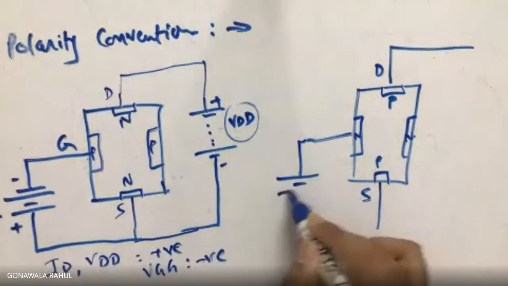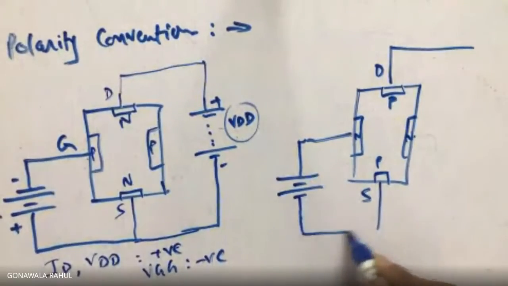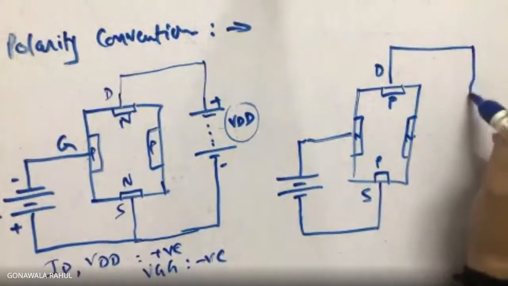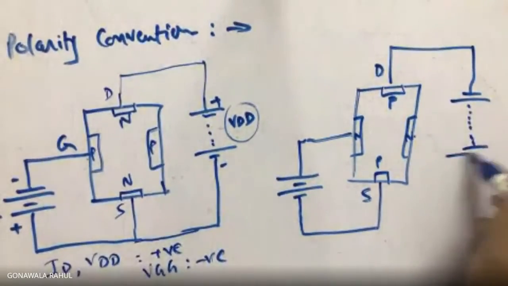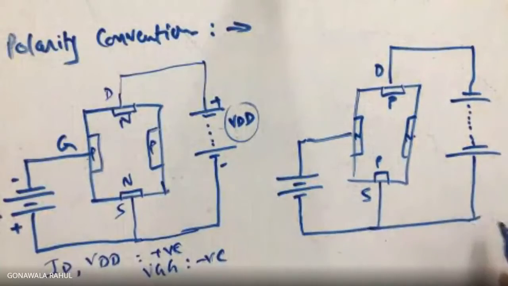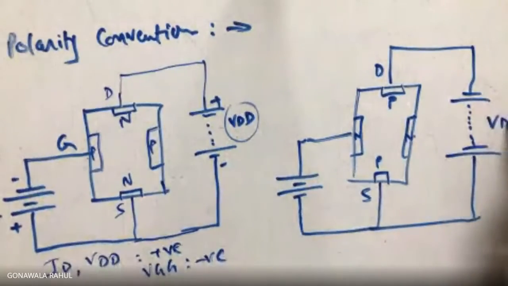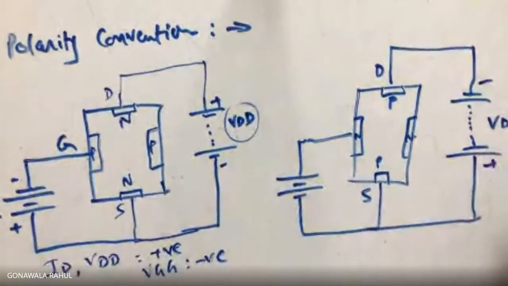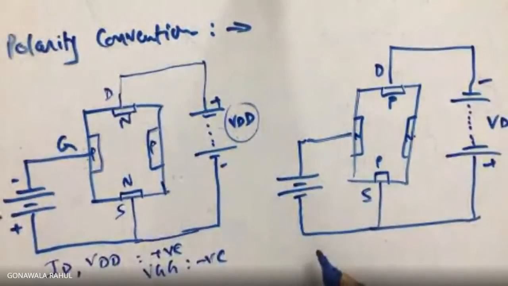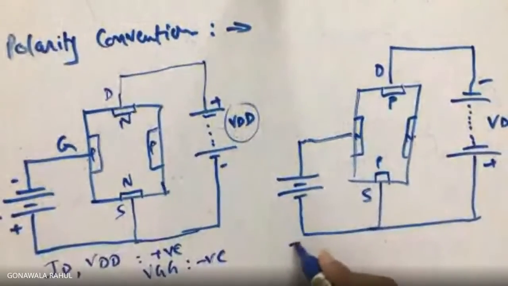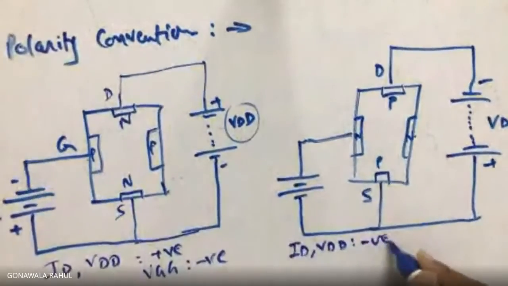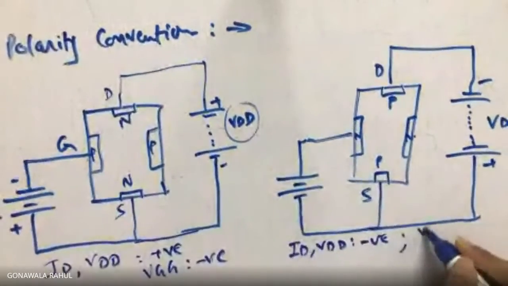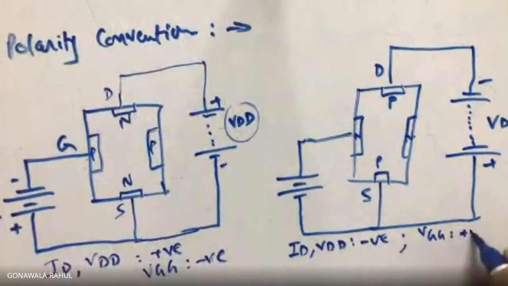In P channel, VGS is positive and this VDD will be negative. Clear? So in P channel, basically ID and VDD are negative and VGG is positive.